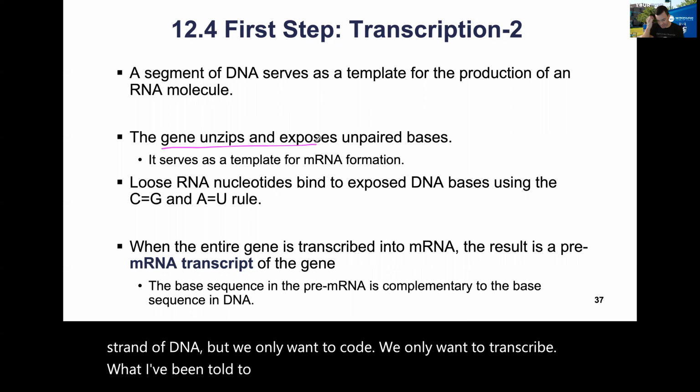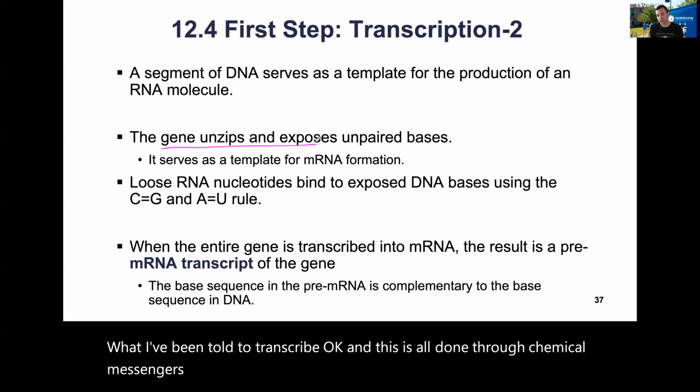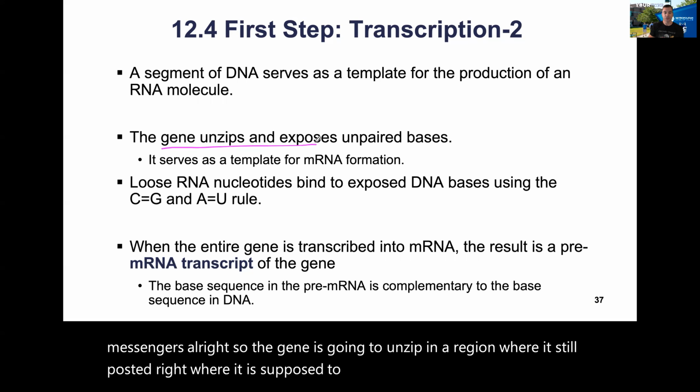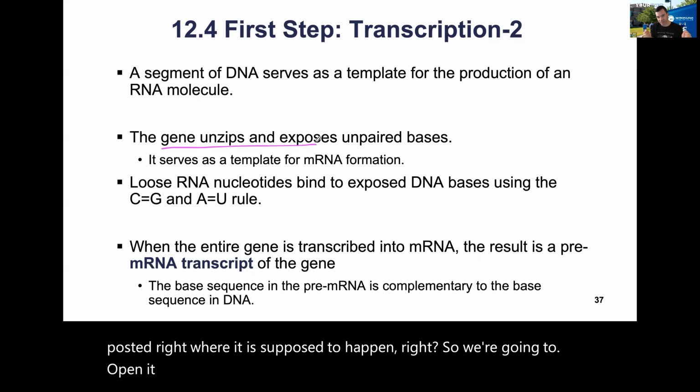Okay. And this is all done through chemical messengers. All right. So the gene is going to unzip in a region where it's supposed to happen. So we're going to open it up in the gene area that I want to transcribe. The gene codes for the protein.